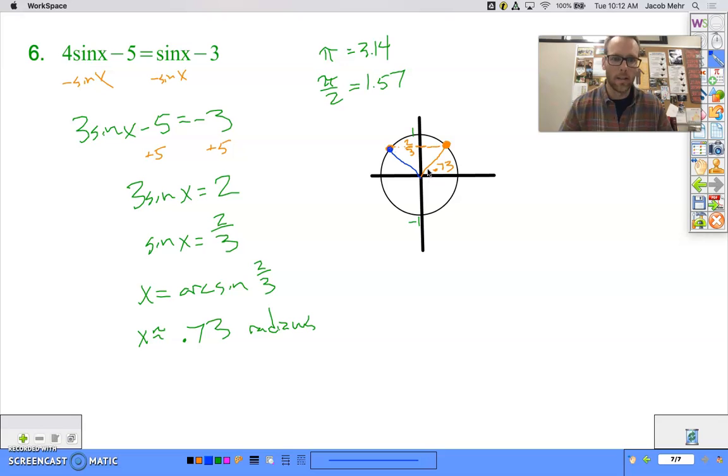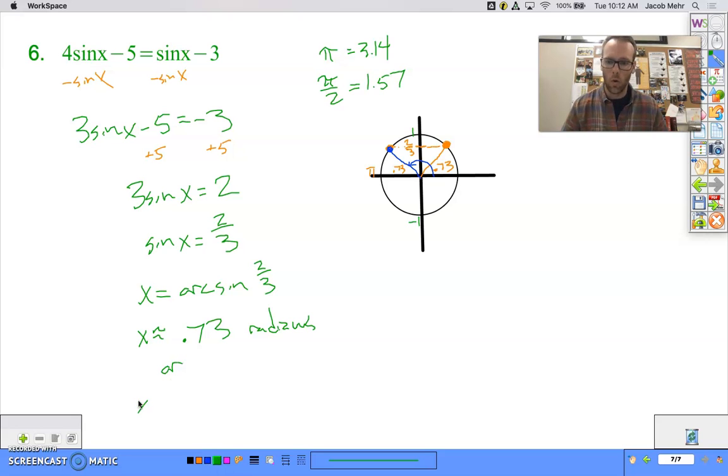So how do we get that angle from here to there? Well, using symmetry, I know this angle is 0.73. Now remember, this is pi. So it's pi all the way to there, but we have to subtract 0.73.